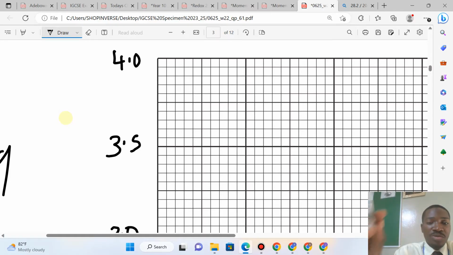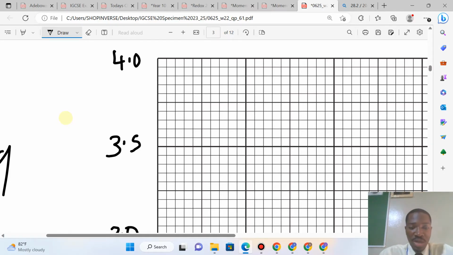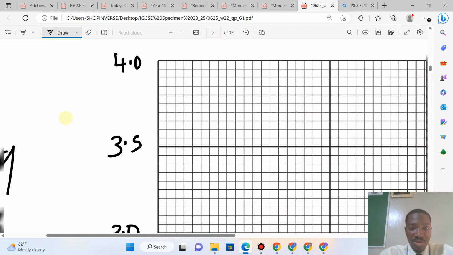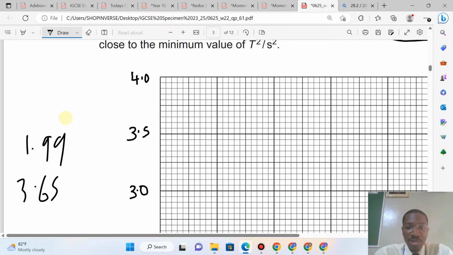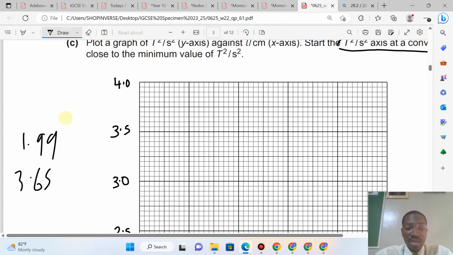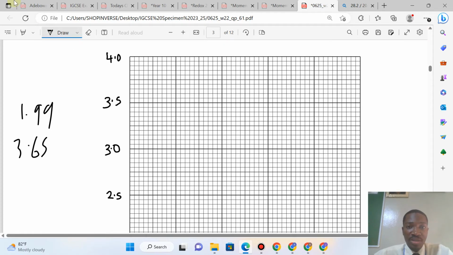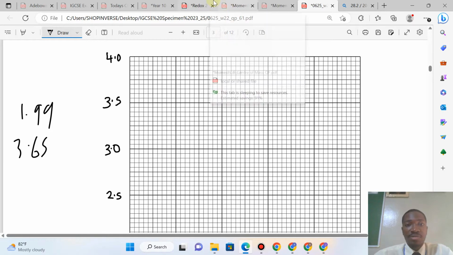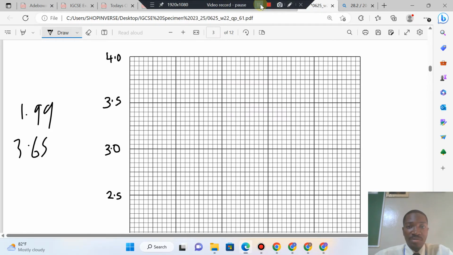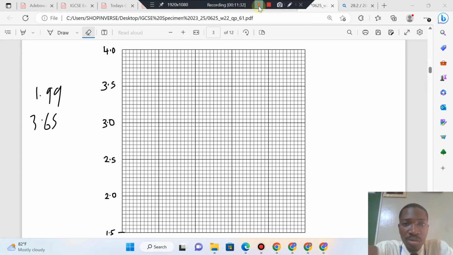So we have to draw the axis. The axis must be shown. That's what makes it a graph. So you have to use your pencil and a very straight ruler to draw this vertical axis. So I'll draw the vertical axis now. You draw this vertical line indicating the y-axis.